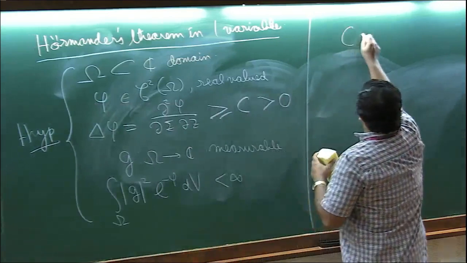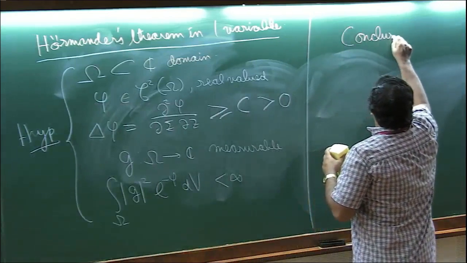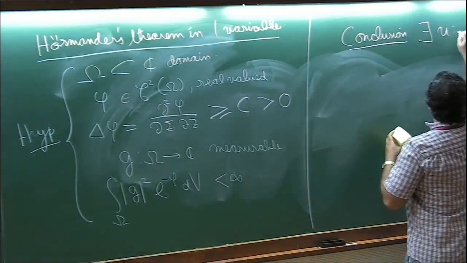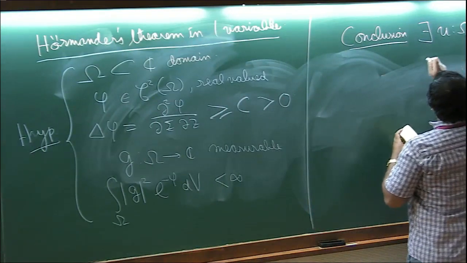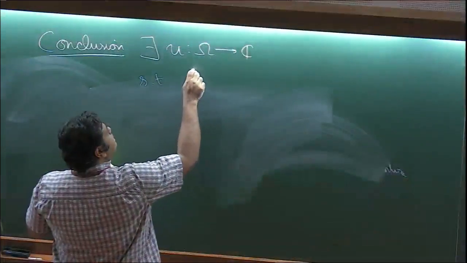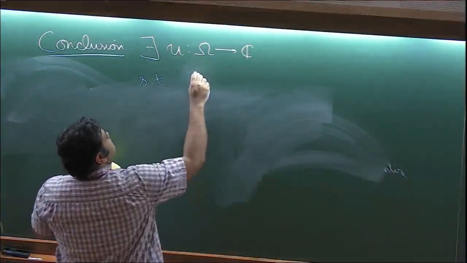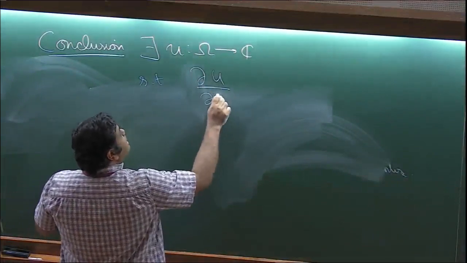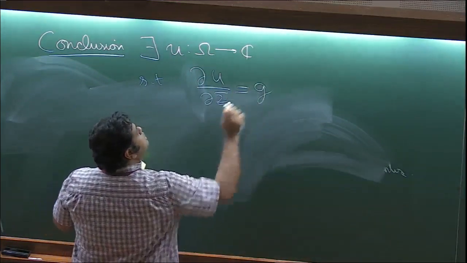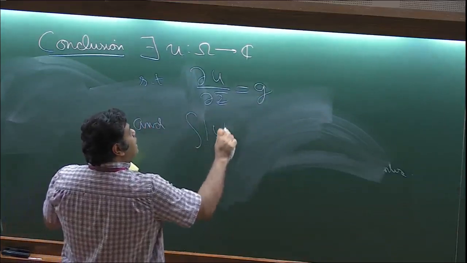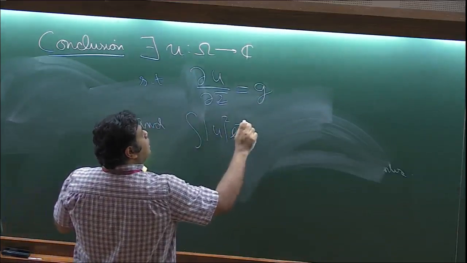And the conclusion: there exists a function u from omega to C such that, first of all, let me say the more important thing first, du over dz bar is equal to g, and we have an L2 estimate on this one.